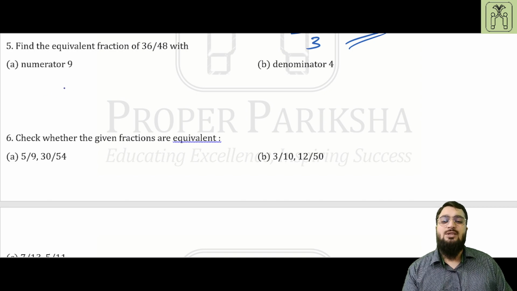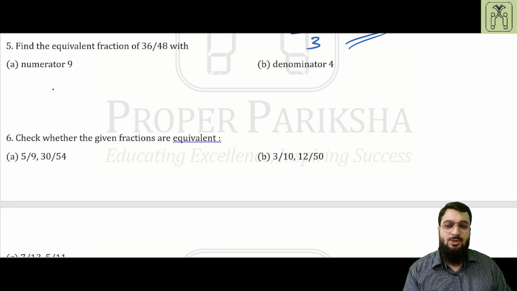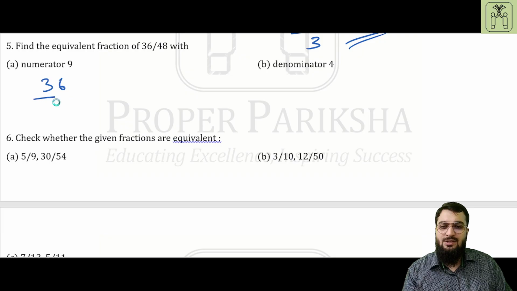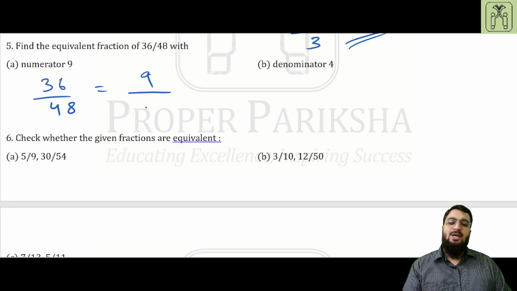Find equivalent fraction of 36 upon 48 with numerator 9. So I'll write 36 upon 48, and I will write equal to, and I will write numerator as 9, and the denominator is something to be found. So this is very easy because 36 upon 48 will have a numerator of 9.